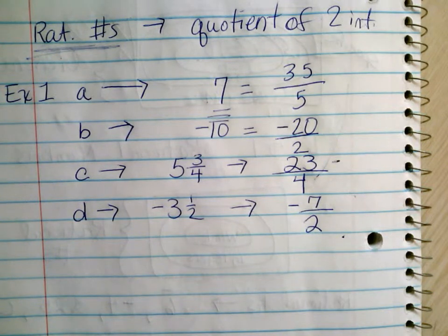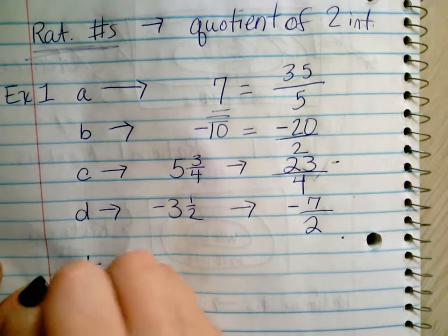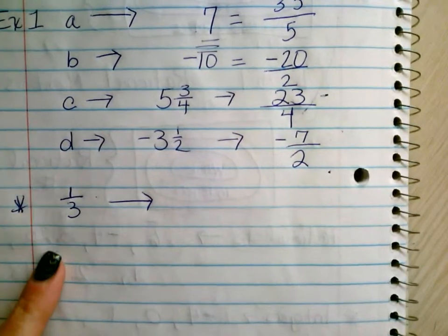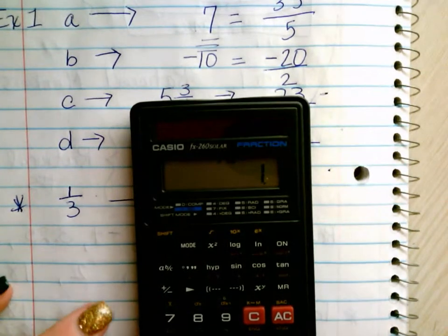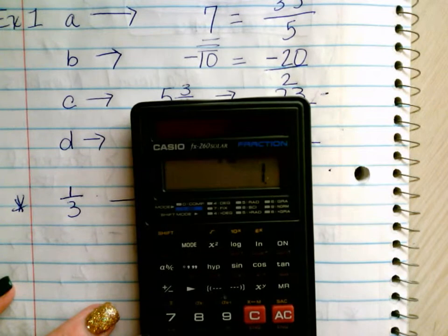Okay? All right. What if I did, let's see, 1 divided by 3. Okay, this is my example. 1 divided by 3. What if I actually carried out the division in a calculator? 1 divided by 3.